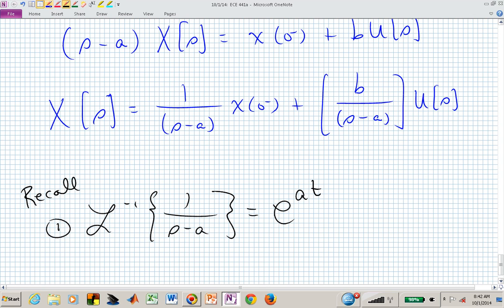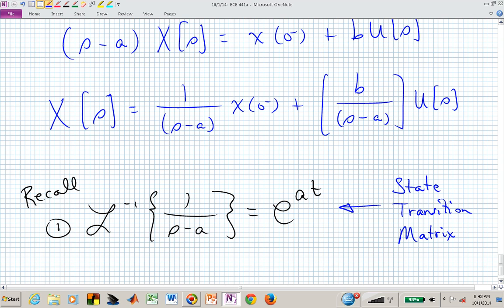We are going to give this particular expression, e to the at, a new designation. This is going to be called the state transition, and in general it's going to be a matrix. Here it is a matrix, just a 1-by-1 matrix. We will call e to the at our state transition matrix.